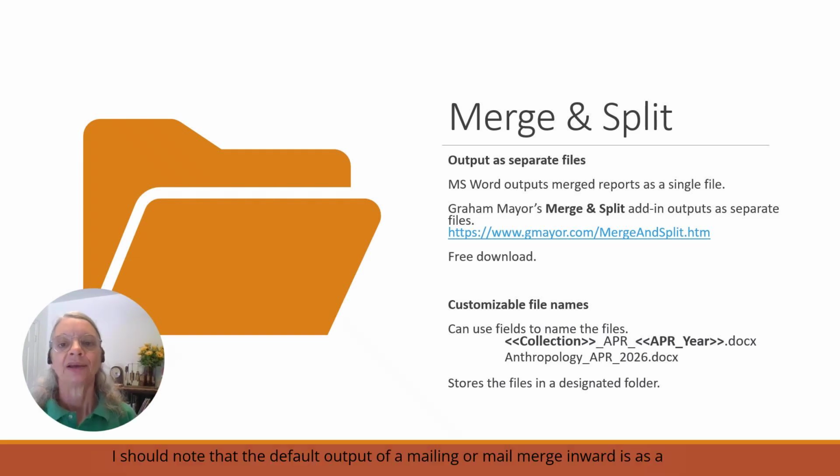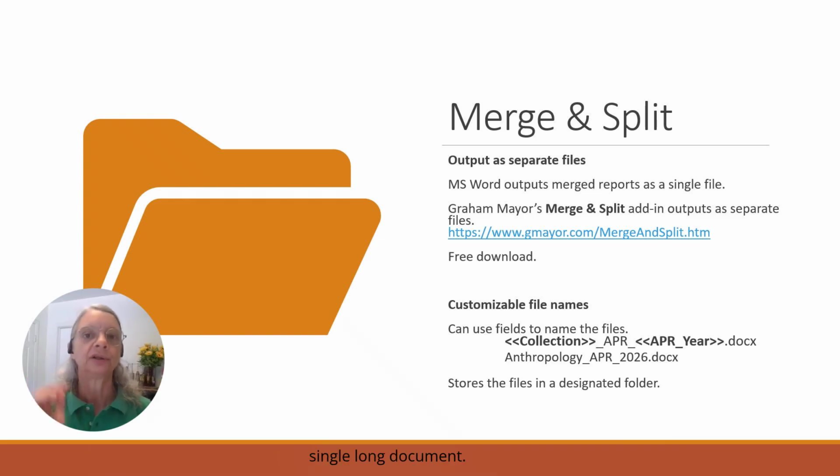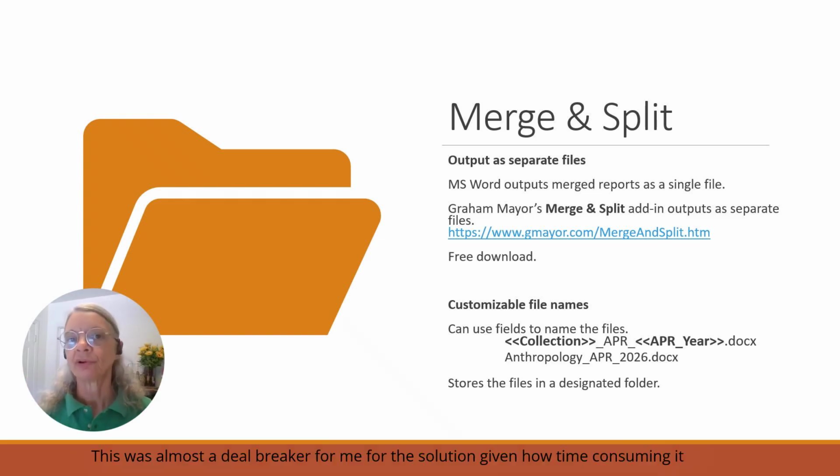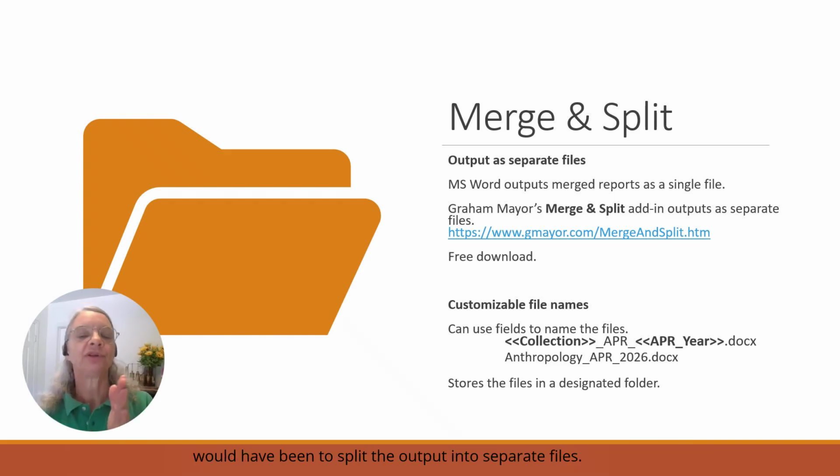I should note that the default output of a mailing or mail merge in Word is a single long document. This was almost a deal breaker for me for this solution, given how time-consuming it would have been to split the output into separate files. I was able to find, however, a free add-in that solves this problem by saving each merged output as a separate file.